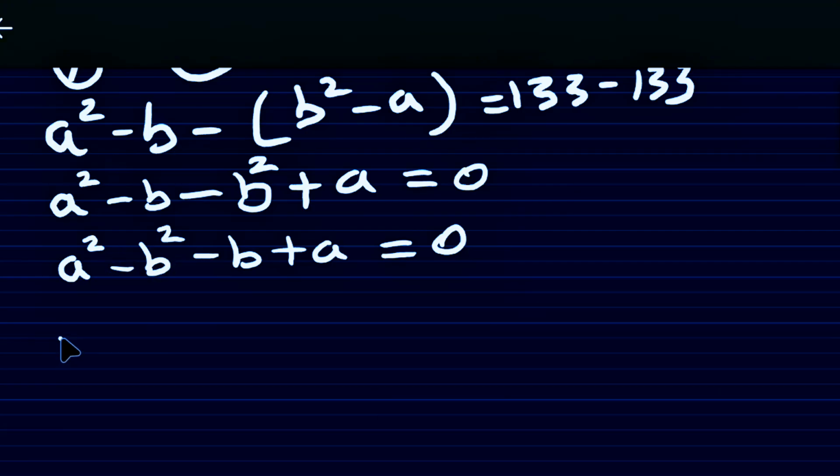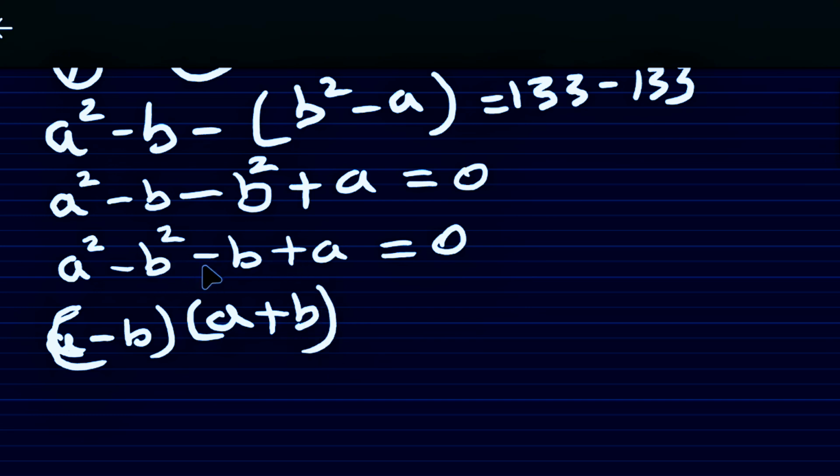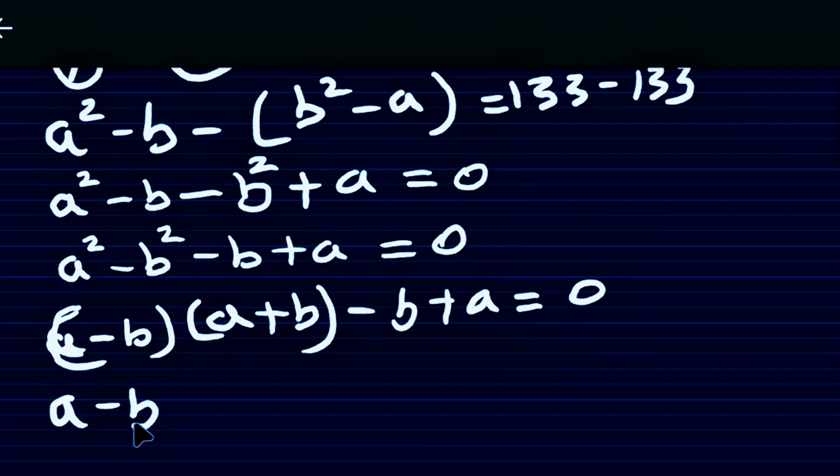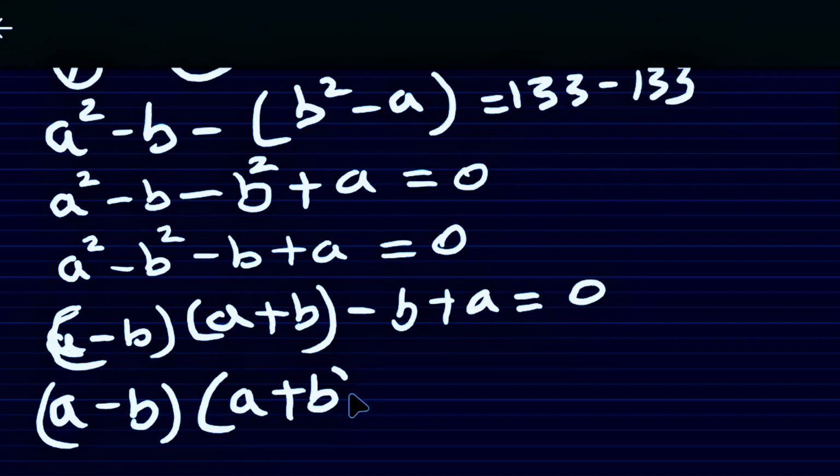If we expand this, we are going to have a minus b, open another parenthesis, a plus b. Remember that we have minus b plus a, and this equals 0. So we have a minus b times a plus b, then we can write this as plus open parenthesis a minus b. Now all this equals 0.